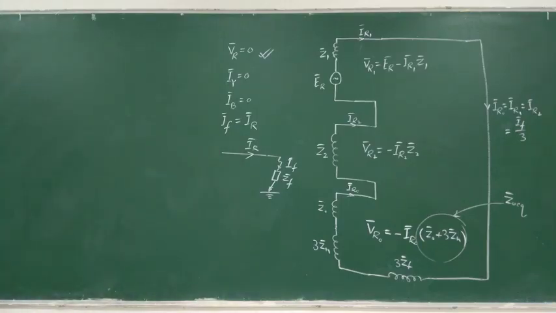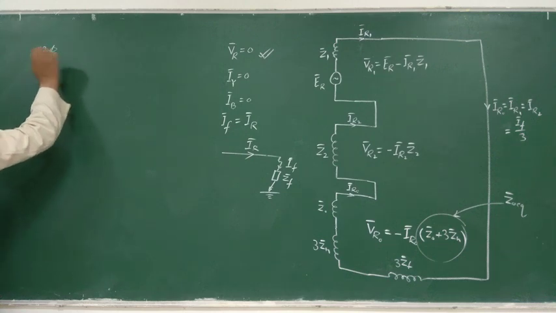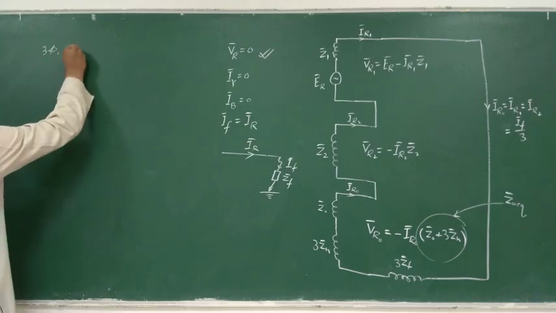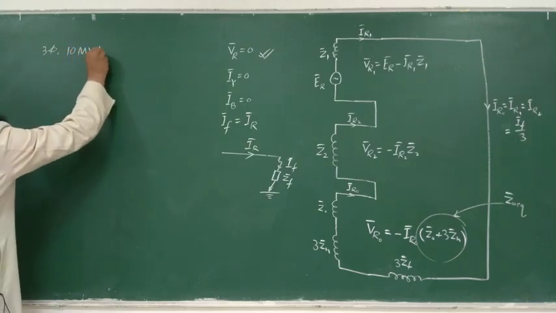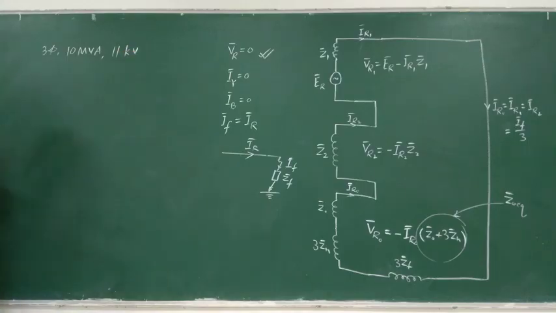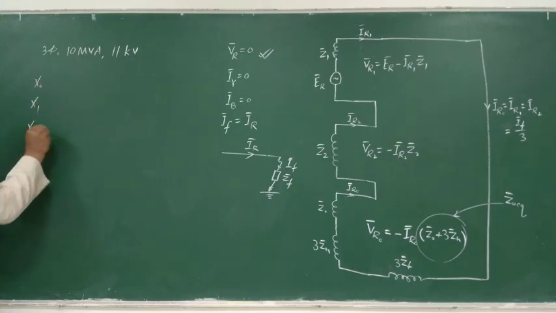A 3-phase alternator, just write the values. 3-phase, 10 MVA, 11 kV. The alternator is having its zero, positive and negative sequence reactances.